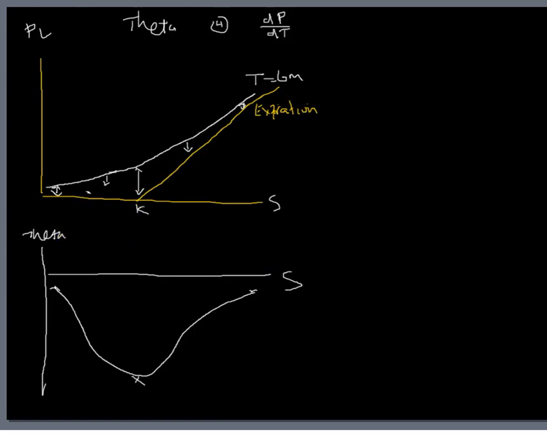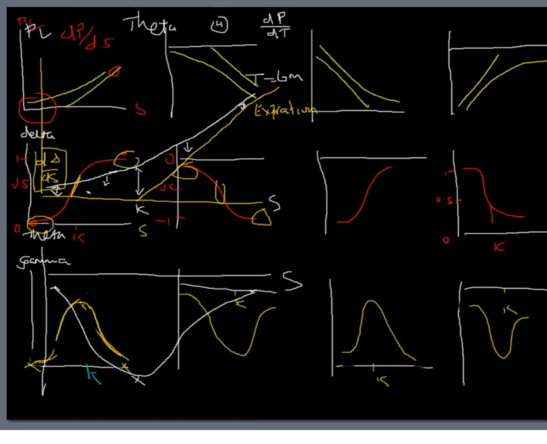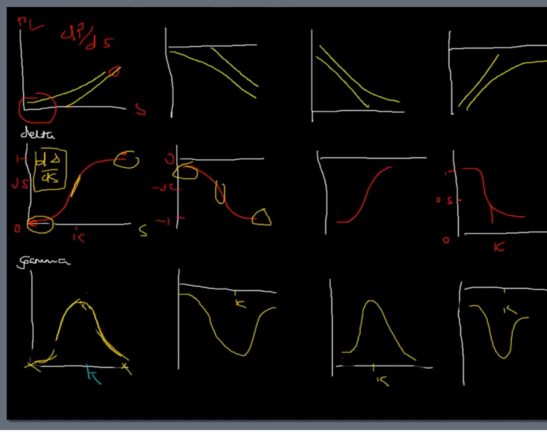Gamma, let me show you gamma. Okay, gamma diagram is like that. Theta is something like that. So we can intuitively see that theta is actually in a way the inverse of the gamma.